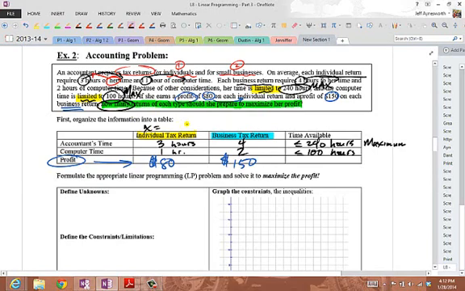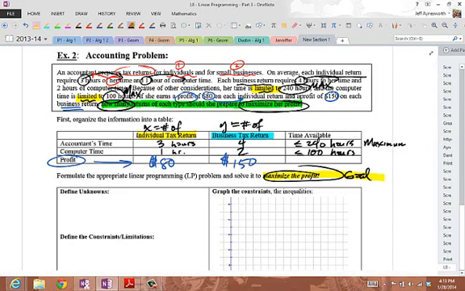Let's let x equal the number of individual returns and y equal the number of business tax returns, because we don't know how many she needs to prepare to maximize her profit. This is the goal, the objective of the problem. So we need to maximize the profit through preparing individual and business tax returns. We just don't know how many.